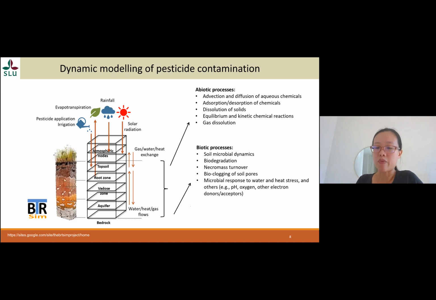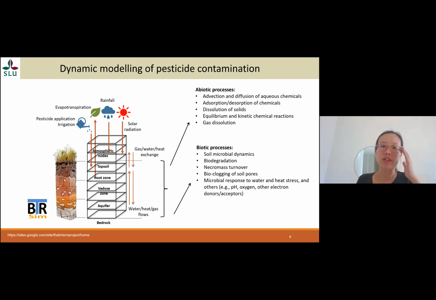And also in terms of biotic reactions, it can solve any microbiome-mediated processes, for example, biodegradation, and it also accounts for microbial dynamics, so the growth, the mortality, and the necromass turnover. And it also has a microbial response to water and heat stress and other inhibitions.